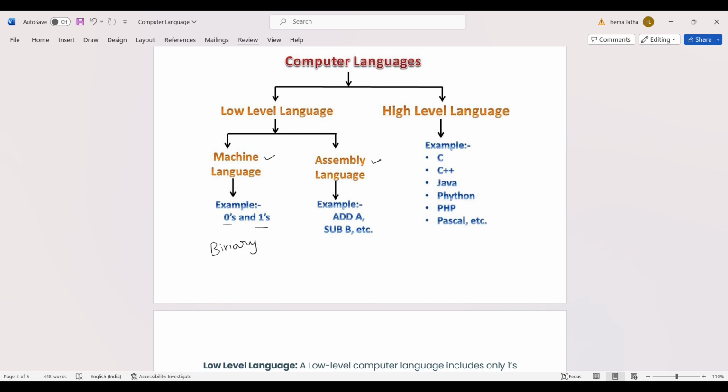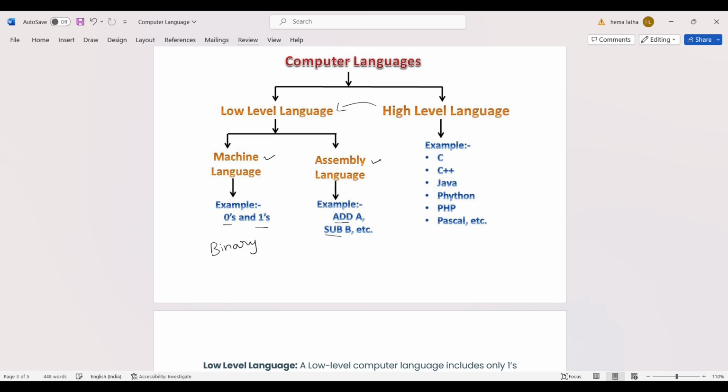Next they developed the assembly language. In assembly they used the English language only, but they give certain commands, like add, subtract, like that. Then high level language generally means a language the human being can understand, and it should be converted to the low level language.